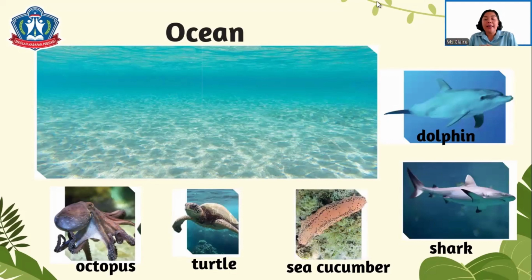We know from the chapter before, children, that a dolphin is not a fish. It is a mammal, but it can survive in the ocean because it can stay longer underwater. So these types of animals are suited to live in the ocean.